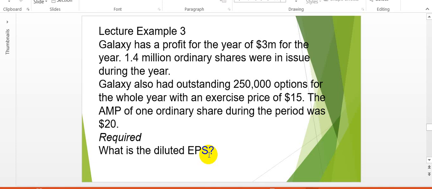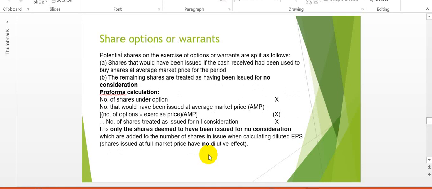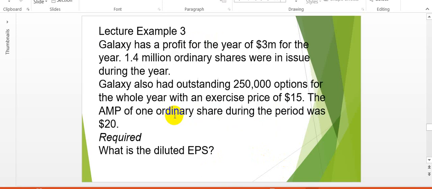Galax also had outstanding 250,000 options for the whole year with an exercise price of $15. The AMP of one ordinary share during the period was $20. The AMP, which is the average market price, which we use in that formula. Required: what is the diluted EPS.